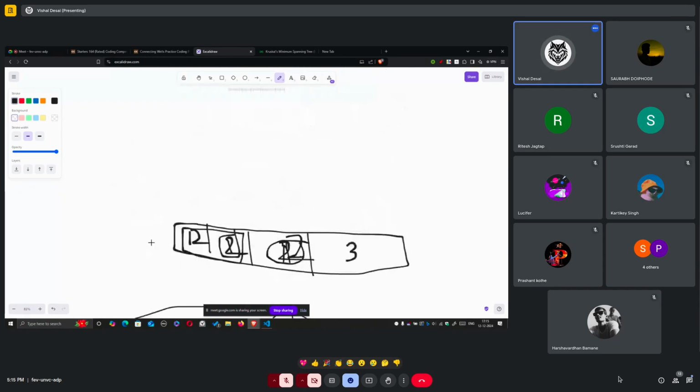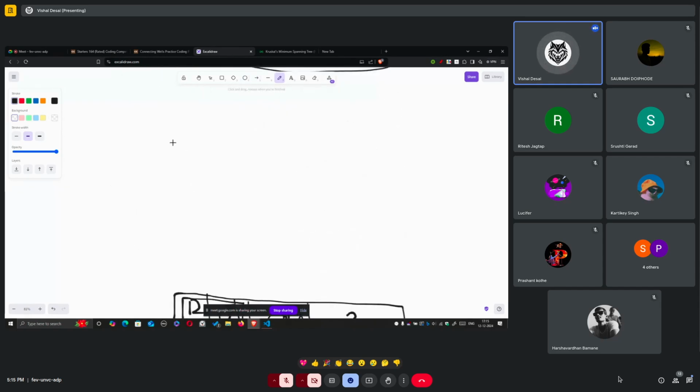Tell me one thing. How many edges do we require to connect these 3 nodes? 2. Yes. The minimum number of edges required to connect 3 nodes is 2.